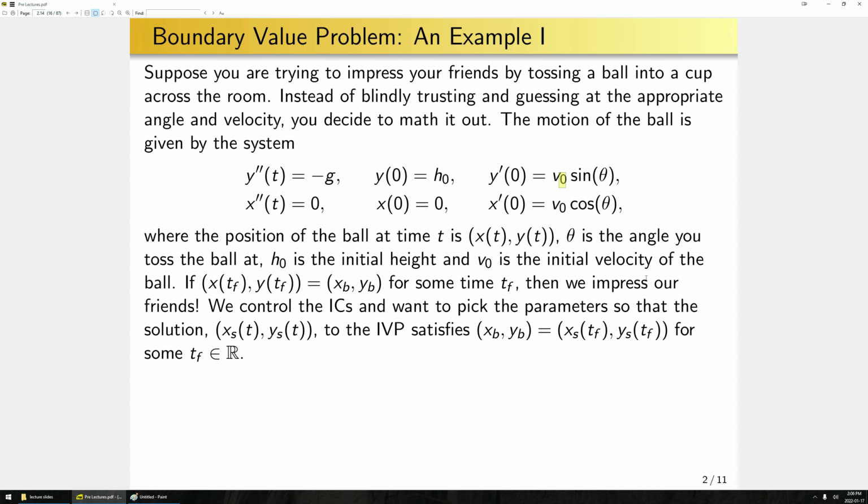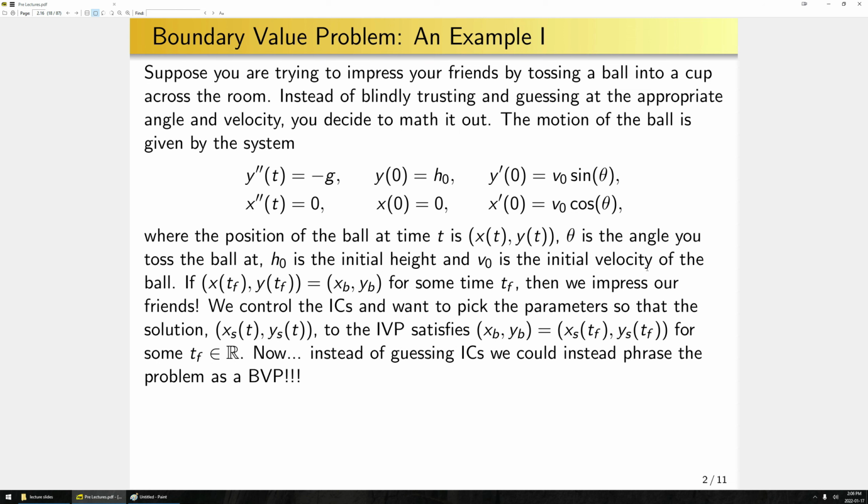Okay, so I could do it this way, but instead, there's another way that I can phrase this problem. So instead of guessing the initial conditions, I can phrase this as a boundary value problem. Note, within this context, these are actually equivalent mathematical questions.